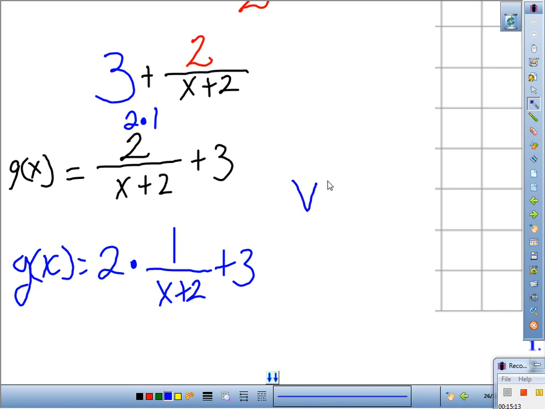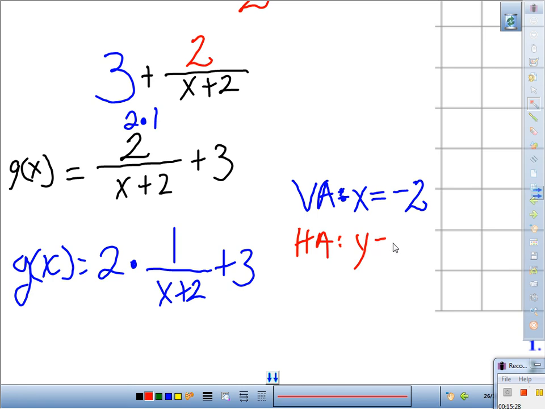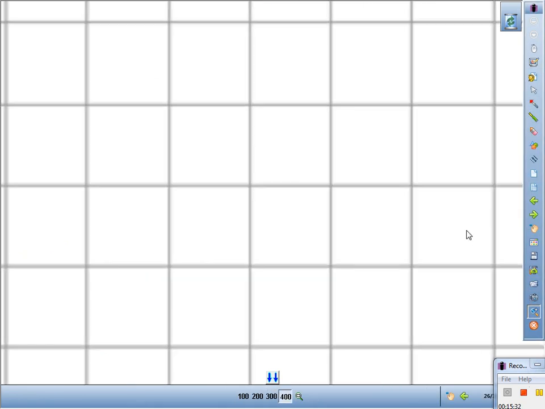What's our vertical asymptote? Tell your neighbor, please. X equals -2. That is correct. Our horizontal asymptote is y equals 3. All right. Zoom out.